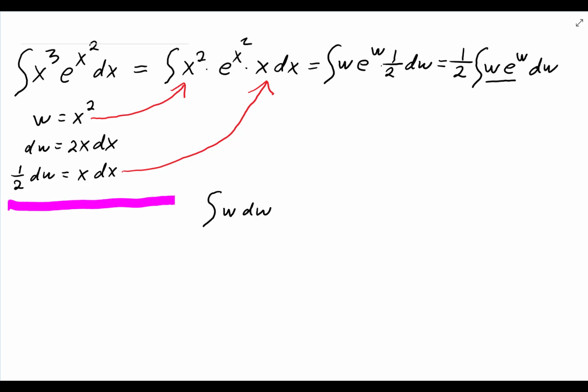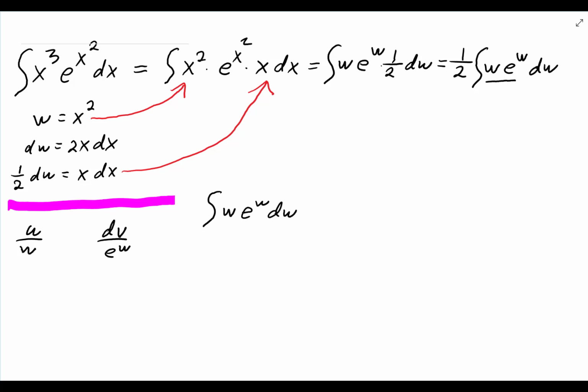And let's do tabular integration on w. Whoops, I left off my e to the w. Let me fix that. It's w e to the w. Okay, so my u is going to be the w, and the dv is going to be e to the w.